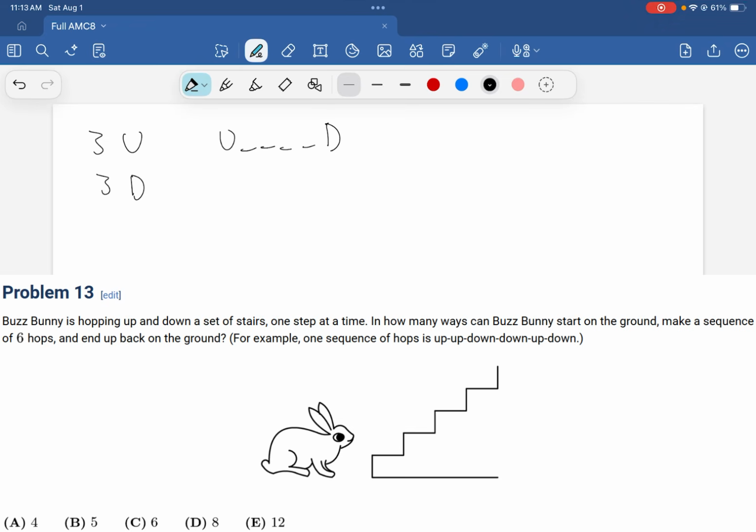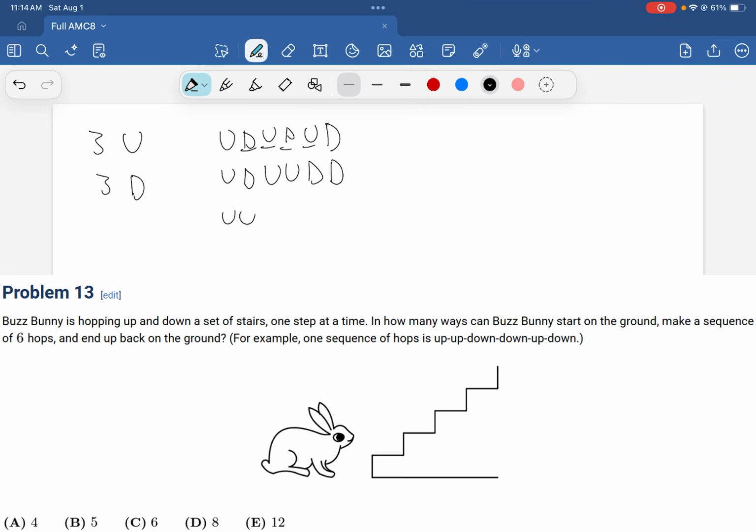If we go up, then down, and up, down, that works. Let's just do all the cases where the second step is down. We have to go up, down. We have up, down. We have to go up again. And we can reverse these two to get this sequence. And now I believe that is all for sequences starting with up, down.